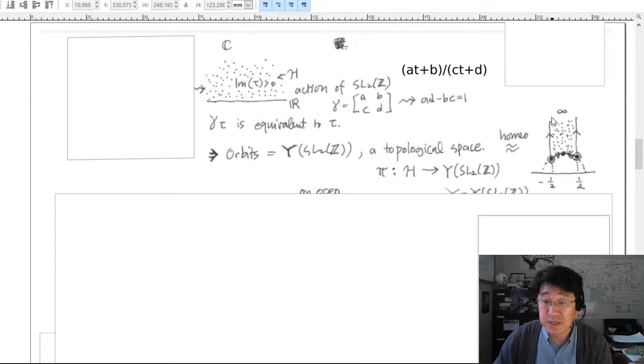So all the points on this boundary are in the same orbit as in the boundary in that topological space Y. So these two things are identified. I'm using this arrow there. So what is happening underneath here, using -1 over tau, which is also some matrix, half of this arc on the circle and the other half of this arc are identified to each other.